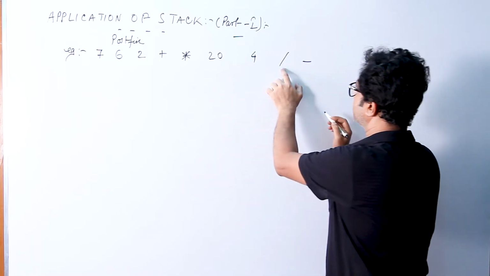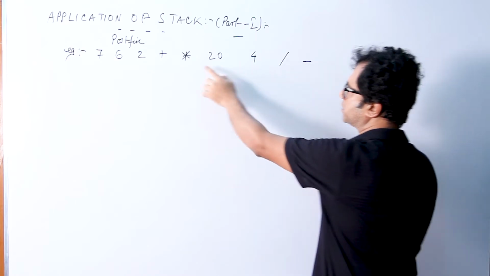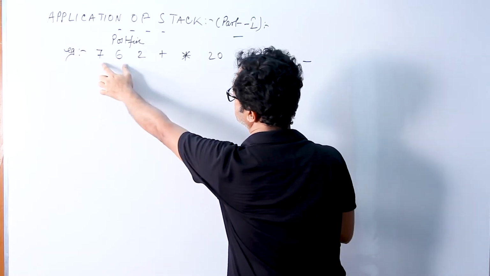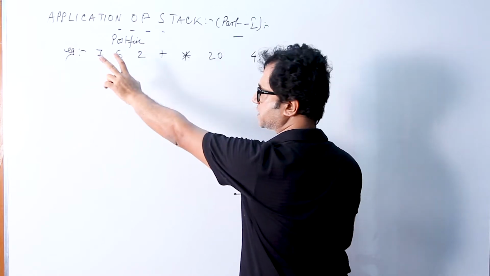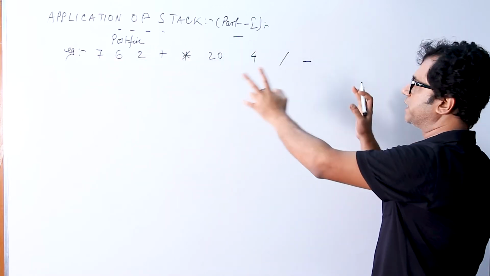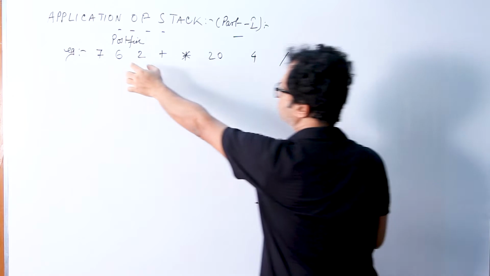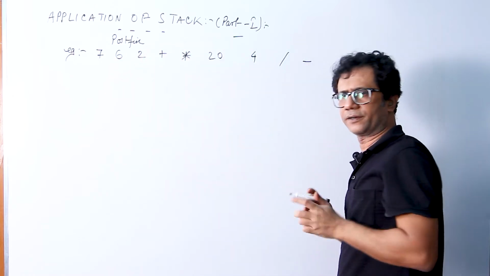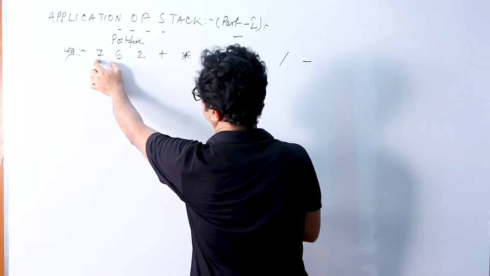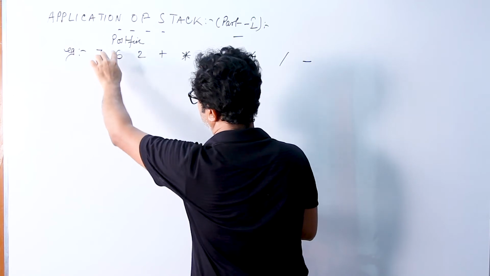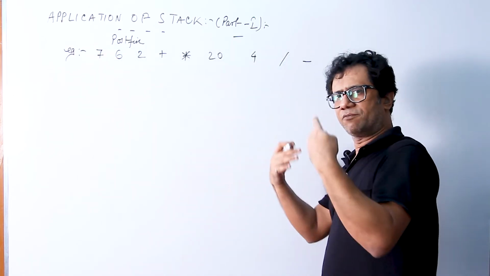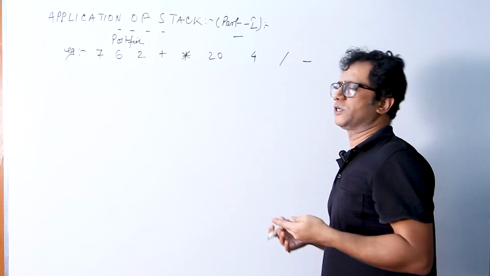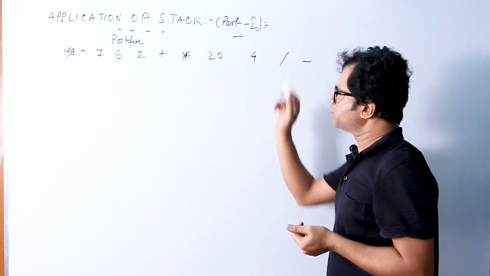You can easily see that slash is an operator, star is an operator, plus is an operator, minus is an operator, but these are definite integer numbers, although we are using them as part of the string. Each of them can be considered a character, but these characters should be considered as integers when we calculate and find the value of the expression which is given in this postfix form.